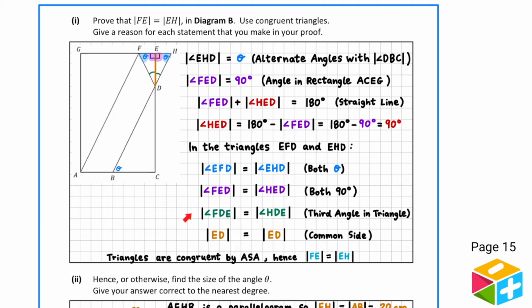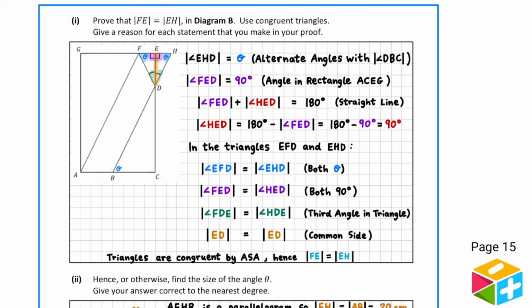Since the three angles in a triangle always add up to 180 degrees, once you know two angles are equal, it must be the case that the third angle is equal. It follows that the angle FDE is equal to the angle HDE. The triangles also share a common side, ED.